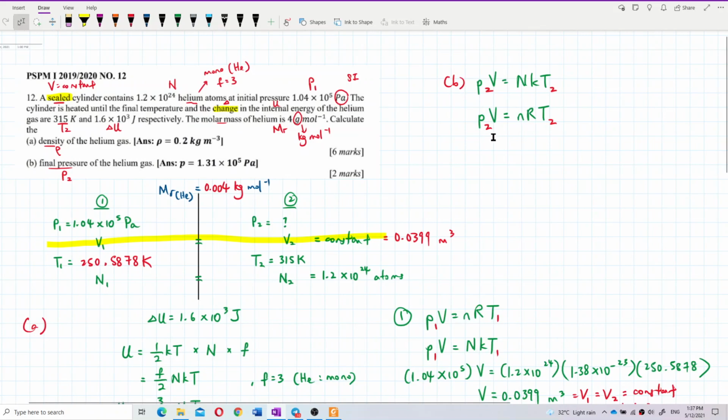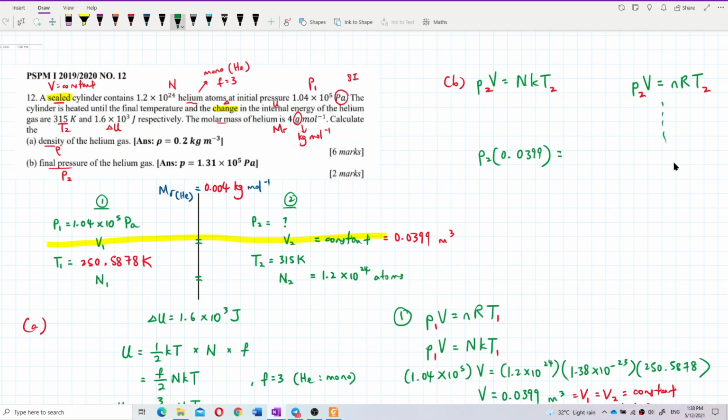So we want to find the final pressure, right? Volume is, I got just now, 0.0399. I use the total atoms here. You can use the number of mole also.